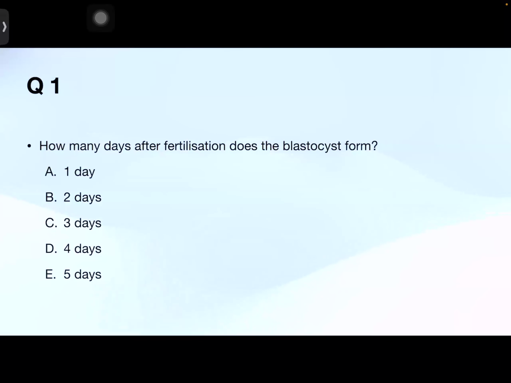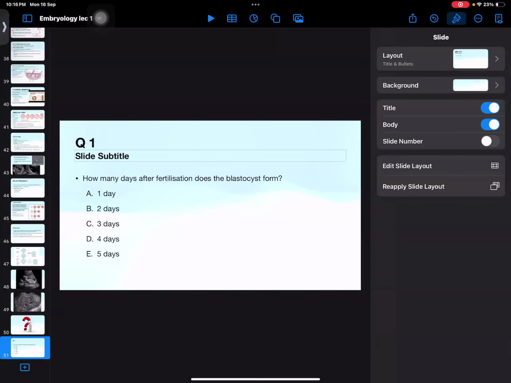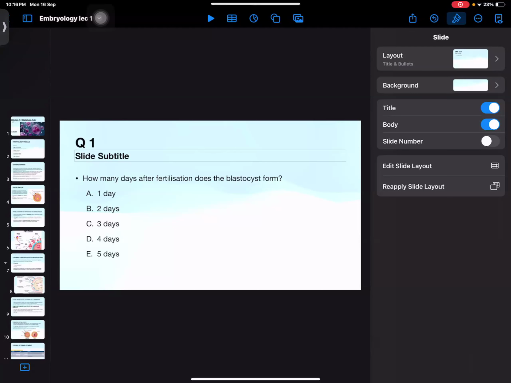How many days after fertilization does the blastocyst form? Who is going to answer this? Blastocyst. No answer.